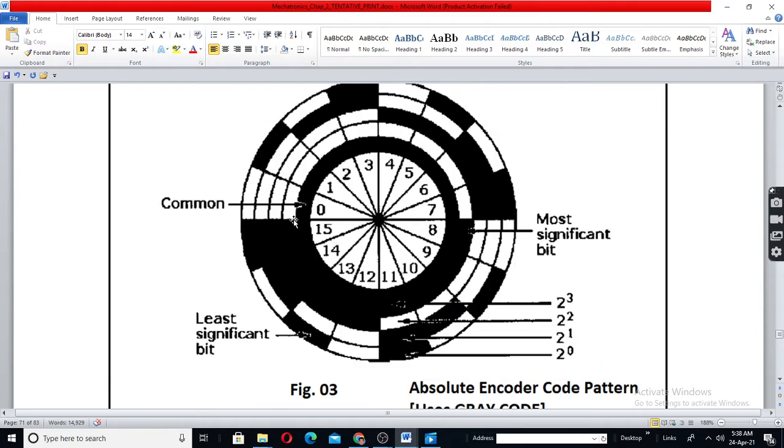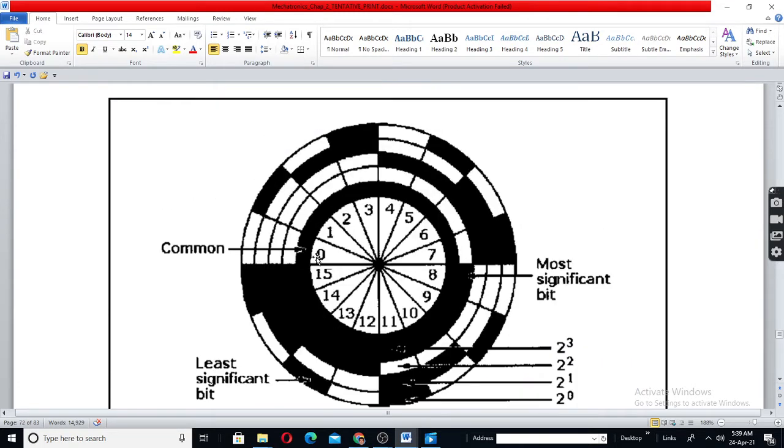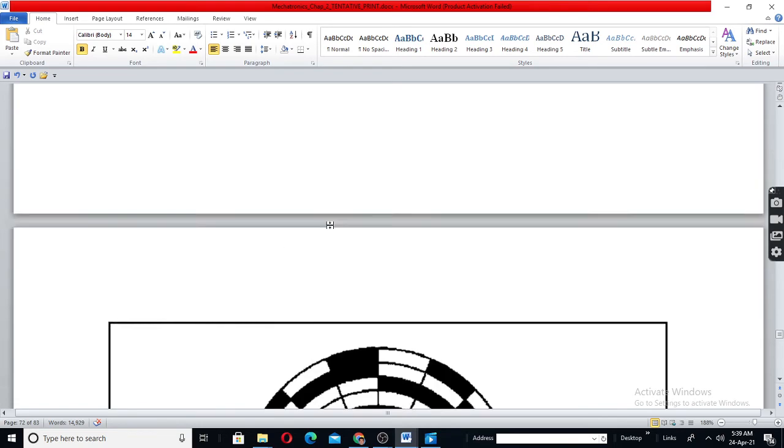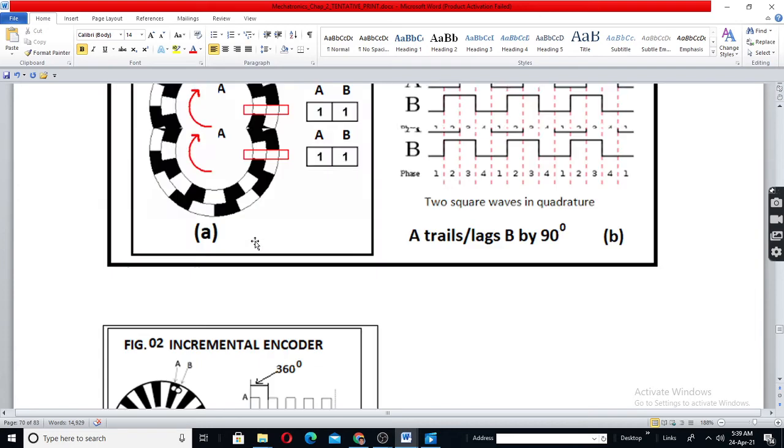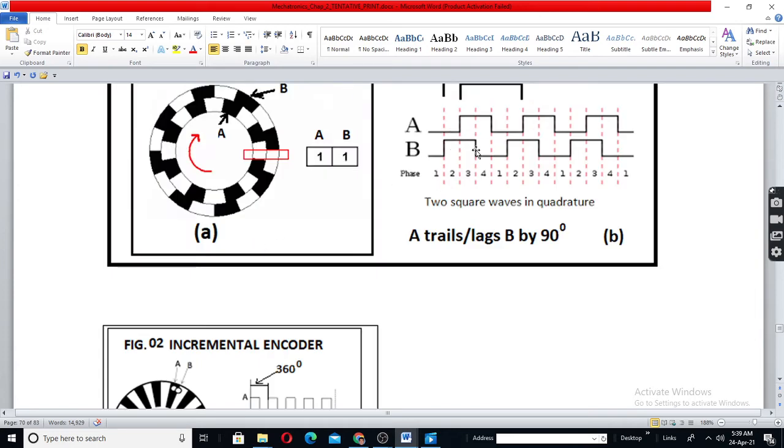But here it is not so. Here the pattern itself is unique. All the 16 for 4 patterns, you will have 2 to the power of 4. So 16 codes. This is a code. Okay, you can say this is a code. 0 1 or 1 0, like that.